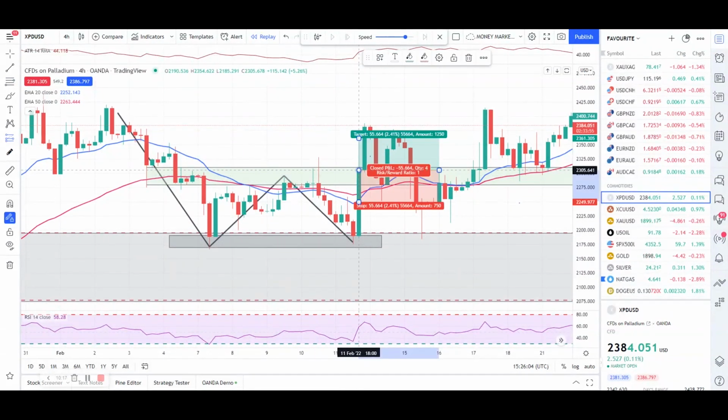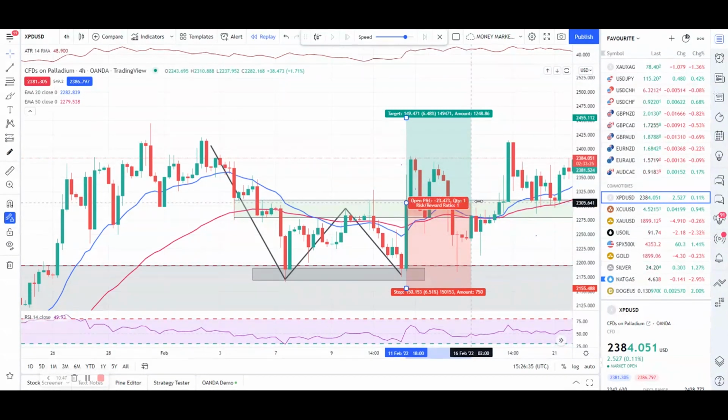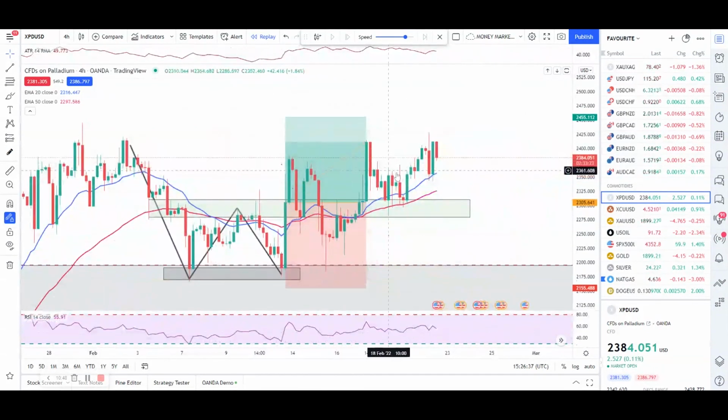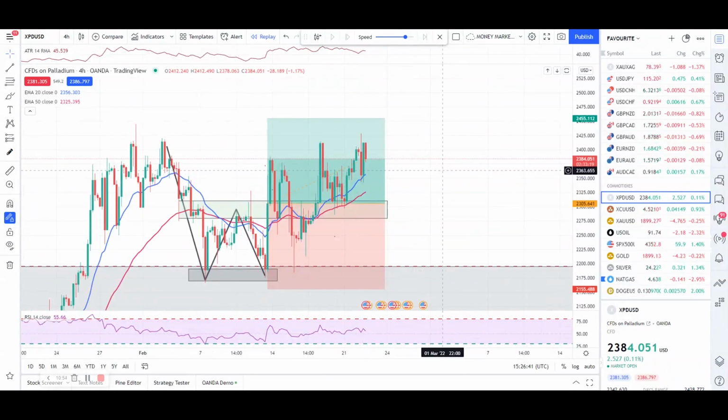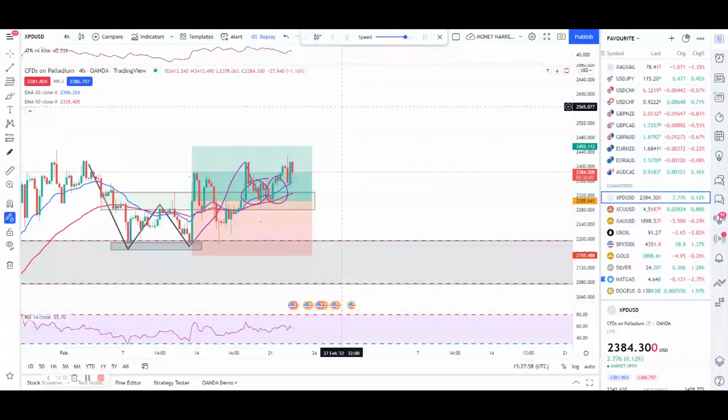The market gave us a nice bullish candle right here. So we are 1 to 1 now, risk to reward ratio. If you see here, the target has not been hit yet, and the market is still moving up. So this is how you take double bottom trades, and this is how you set up your target. Let's jump on to our natural gas analysis for today.